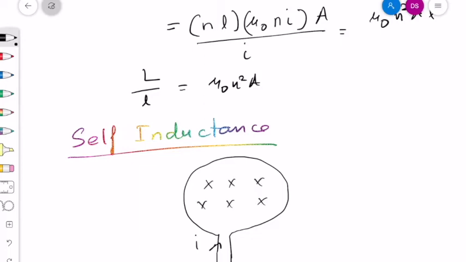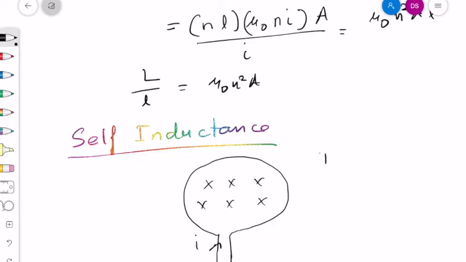So that means the magnetic field is going to be into the page. As far as the loop is concerned, it sees a magnetic field into the page getting stronger, right? So the loop will try to oppose that change. Which way would it like to send its own current? It would like to send its own current in the counterclockwise direction, right? So there will be an induced EMF in the counterclockwise direction.